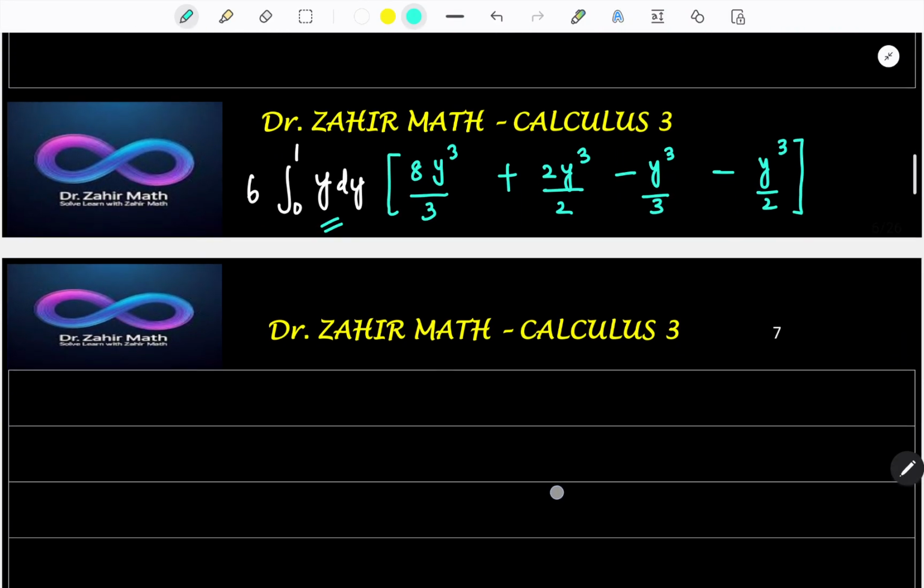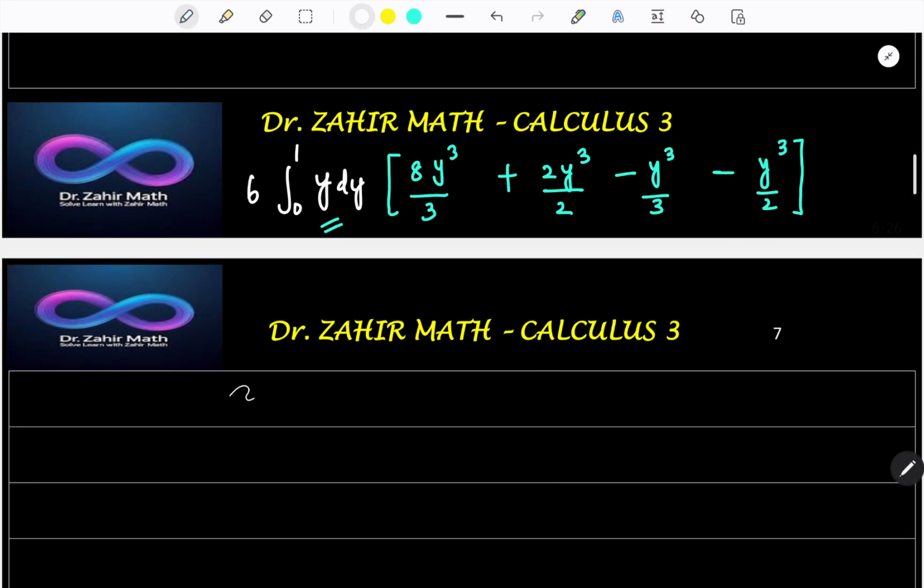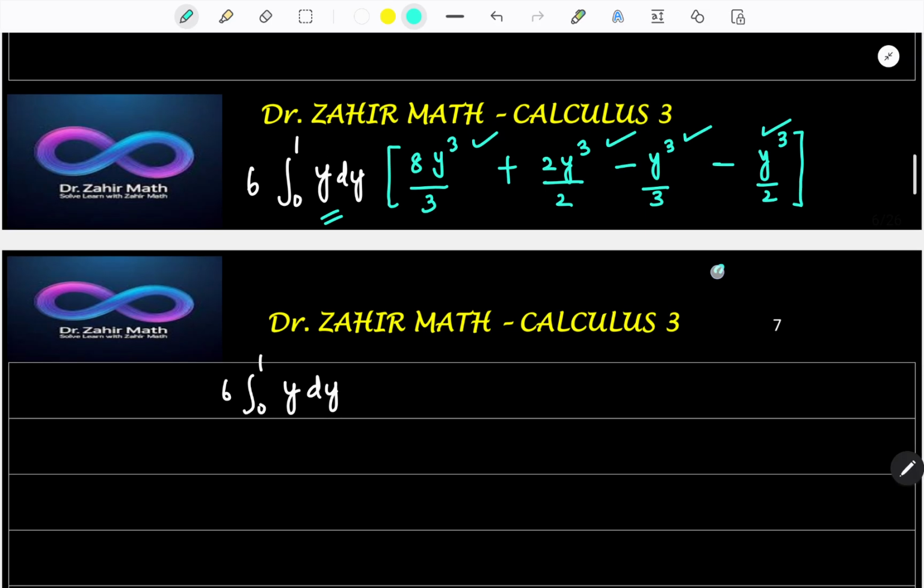So let's start this one. So this is 6 times 0 to 1 y dy. Let me simplify these expressions. There is all y cube. So what you should do, take your calculator: 8 by 3 plus 2 by 2 minus 1 by 3 minus 1 by 2. Actually 2 by 2 is 1.